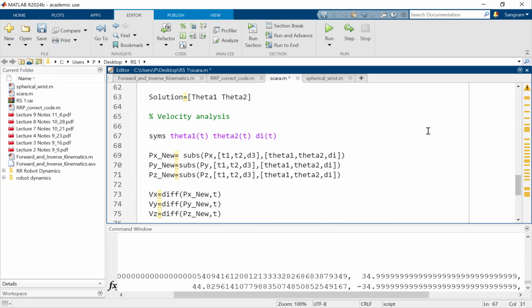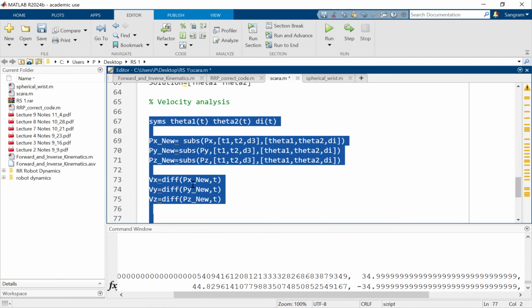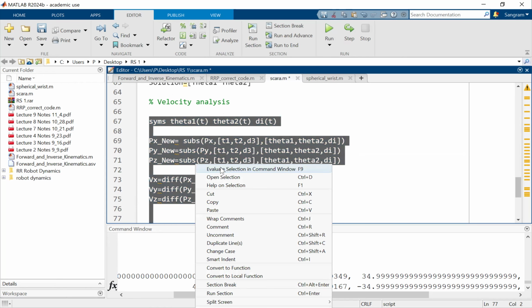T is the only independent variable. Theta1 depends upon t. Theta2 depends upon t. P depends upon t. But Px depends upon theta1 and theta2, Py on theta1, theta2, and Pz on d3. Everyone understood this? Which means when I run this code, I would get the velocity analysis.